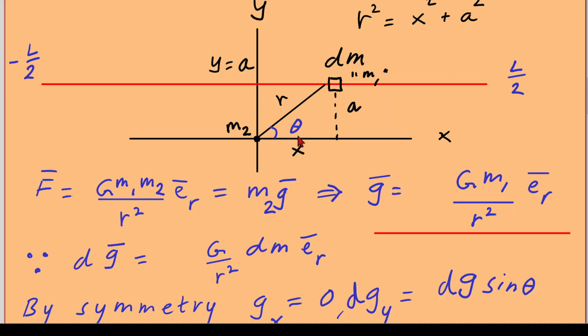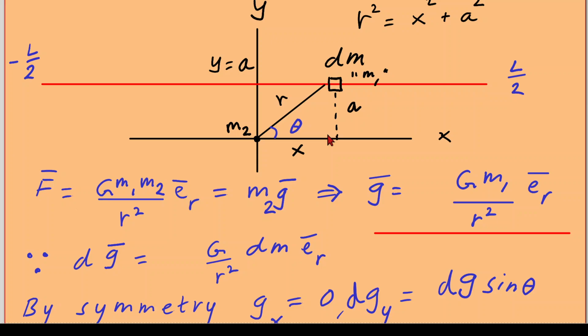And thinking about symmetry in this problem, you're going to have a g field in this direction, and you're going to have a corresponding one in this direction. When we add those two, you're going to get something in the y direction. But the x component here, the x component there, they are equal in size but opposite. Think about one vector here, then one vector here.